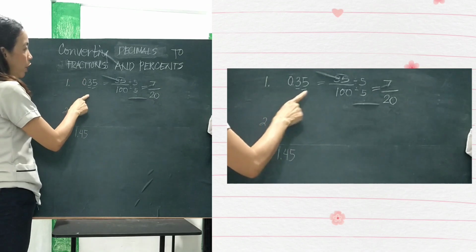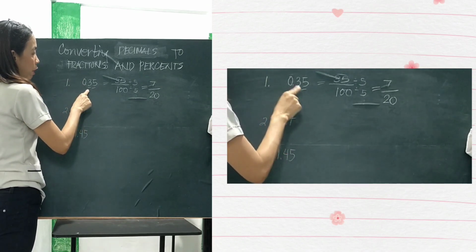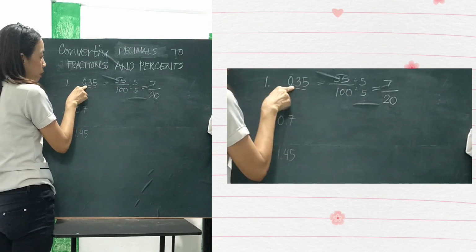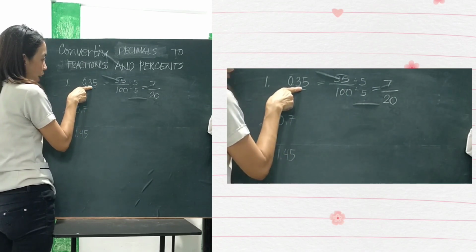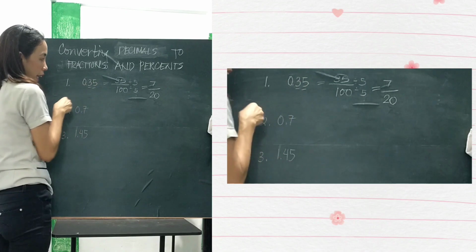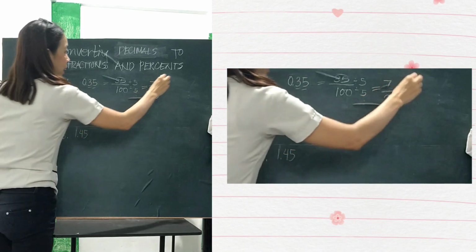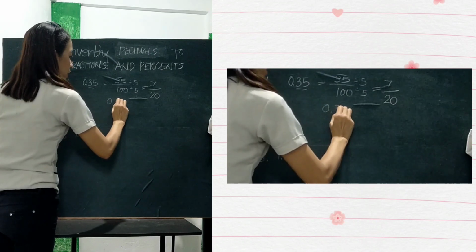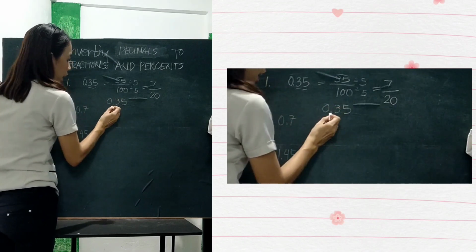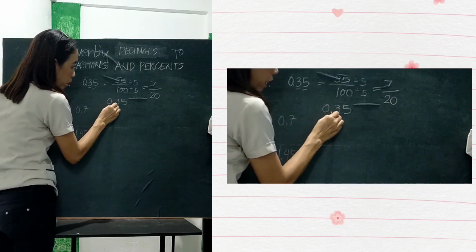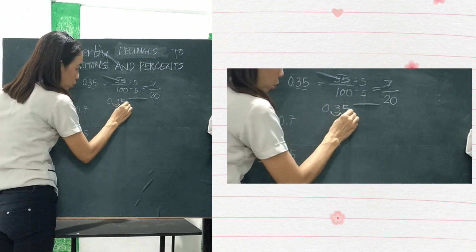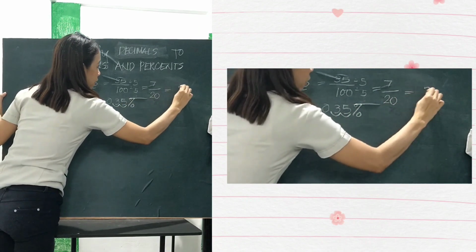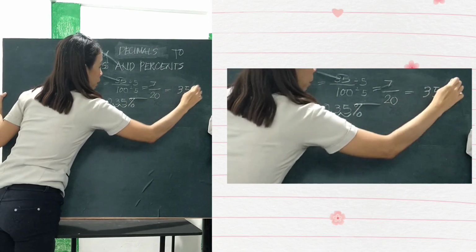What about converting this decimal to percent, rather? So just move the decimal point 2 places to the right, 1, 2, and put a percent sign. That is 0.35. Move the decimal point 2 places to the right, 1, 2, and put a percent sign. Your answer is 35%.